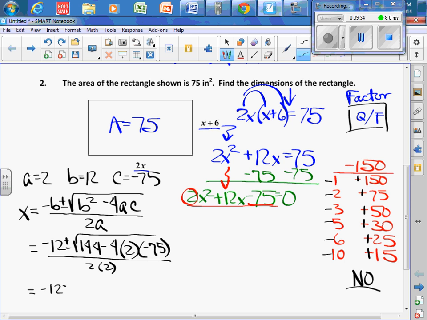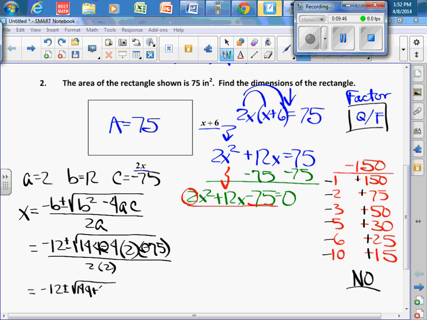Negative 12 plus or minus the square root of 144, a double negative will make it a plus sign. 8 times 75 is what? 600, all of it over 4. So we're going to have negative 12 plus or minus the square root of 744 over 4.